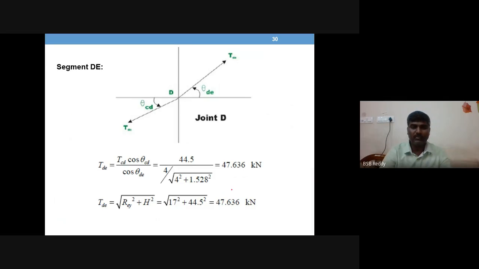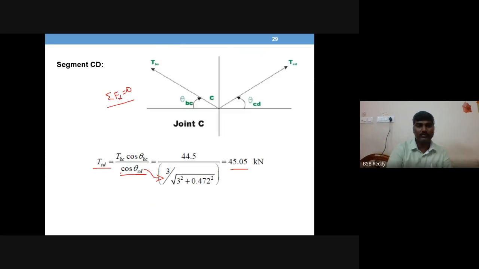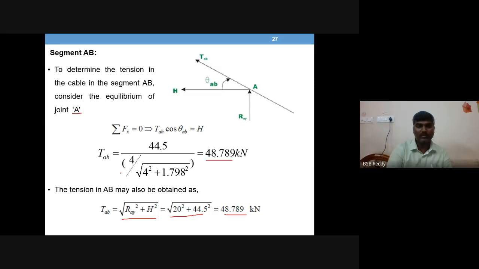So I worked out the TDE value from both. You can see it here, the square root of 17 square plus H, which is 44.5, and also from equilibrium. Both are the same. So either you can use this concept or the equilibrium concept. That is how all the tension values are solved.